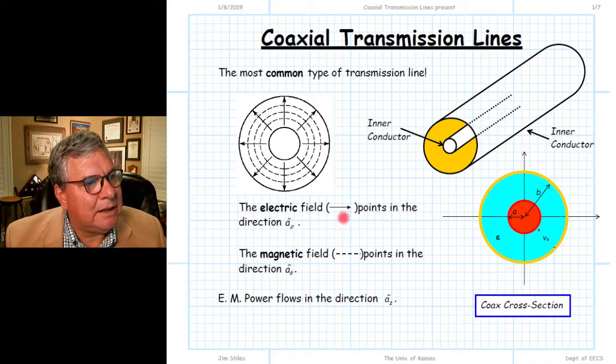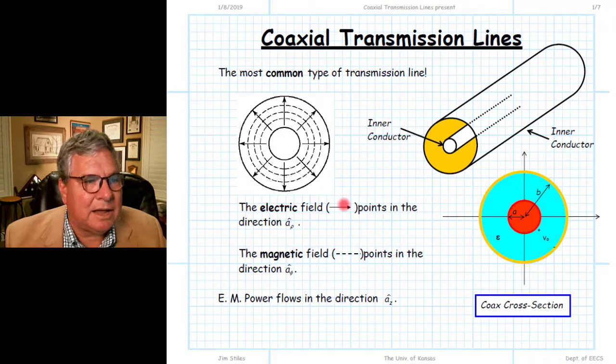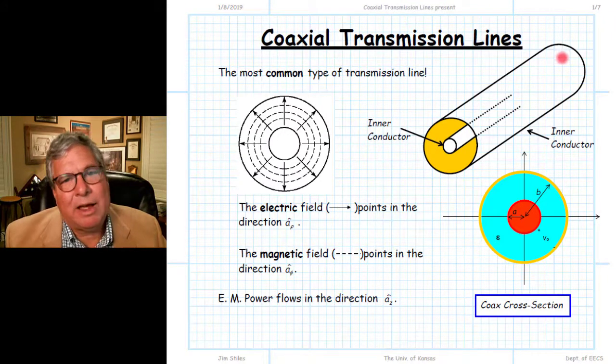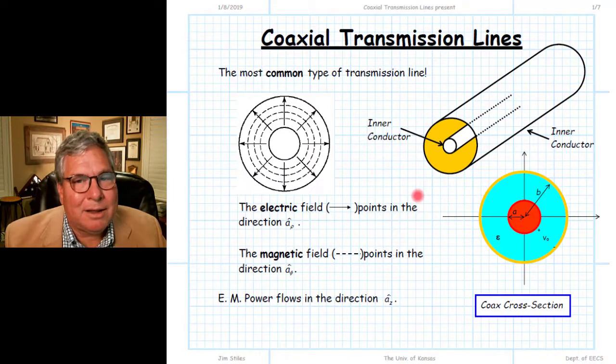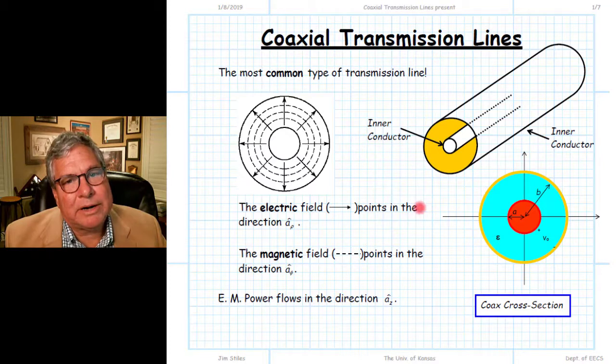Now, electromagnetically, what's happening inside this coaxial transmission line? This gives an image of essentially the fields that are inside. What we're going to find is that there is an electromagnetic wave propagating, actually two of them, propagating along this coaxial line, like there is for all transmission lines. And yes, I said electromagnetic waves, electric fields and magnetic fields associated with them.